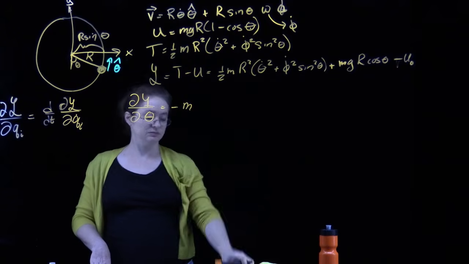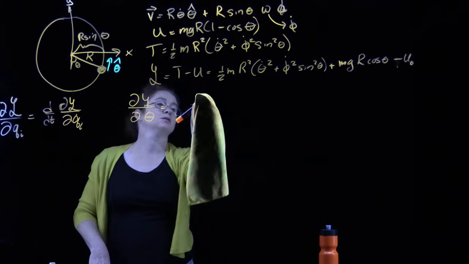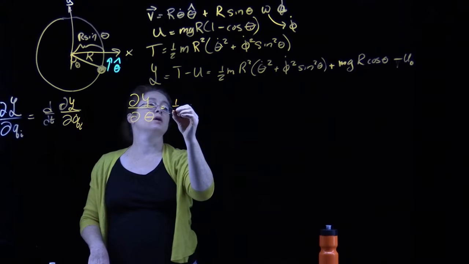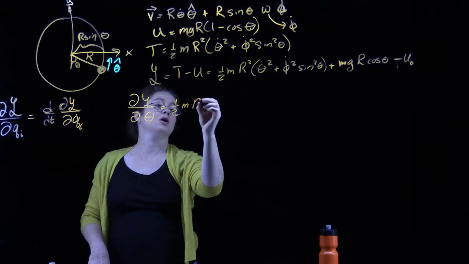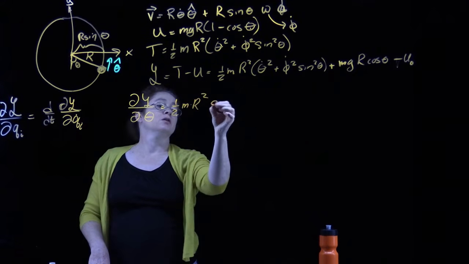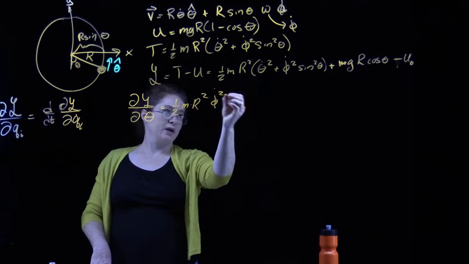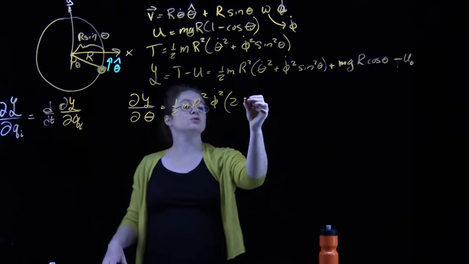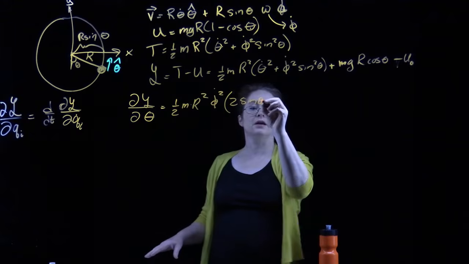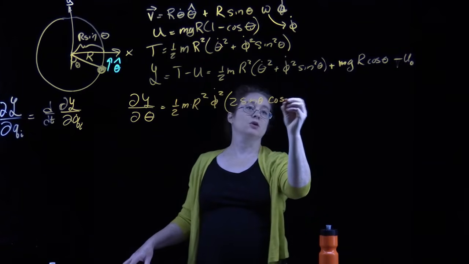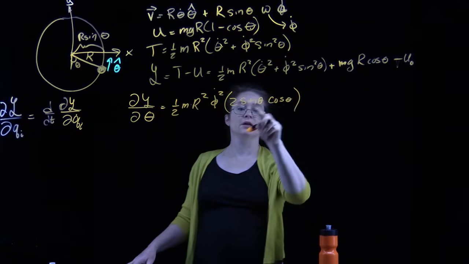So positive, bear with me here. We'll just do it step by step. 1/2 mr squared phi dot squared times 2 sine theta cosine theta.